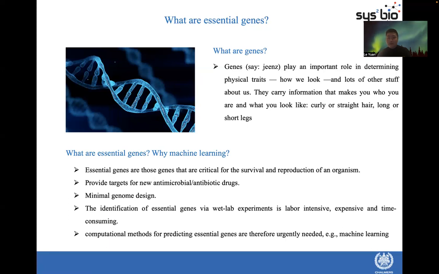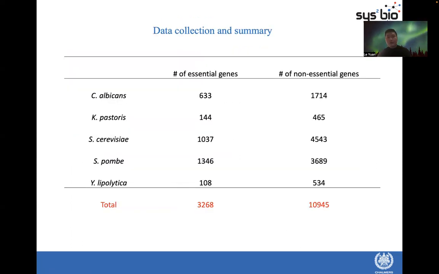However, the identification of essential genes via wet-lab experiments is labor-intensive, expensive, and time-consuming. Therefore, computational methods for predicting essential genes are urgently needed. For example, machine learning. For machine learning, the first step that we need to do is to have a lot of data for training.